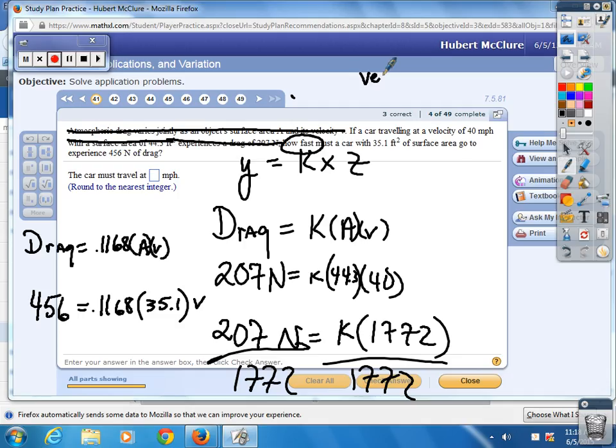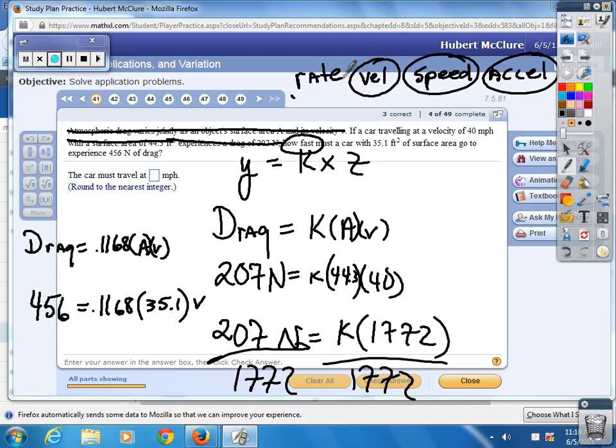Velocity, speed, acceleration, and rate. As far as most of these formulas, it is about the same thing.